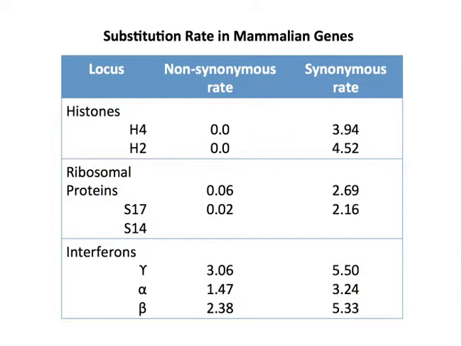If you look closely at this table, you can see that the rate of non-synonymous substitutions in this column is much lower than the synonymous substitutions here going down. All of these are lower than all of these synonymous substitutions. And why is that? If we think about it, this makes sense because the mutations that cause the proteins to change, these non-synonymous mutations, may cause problems with the function of a cell.